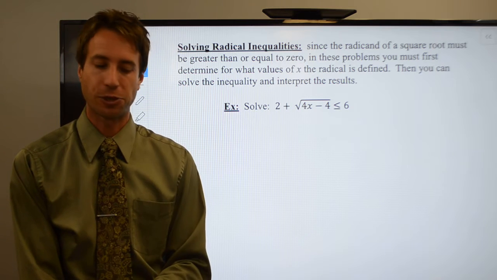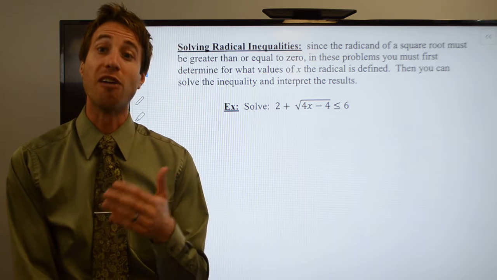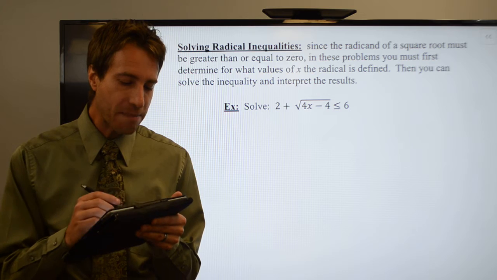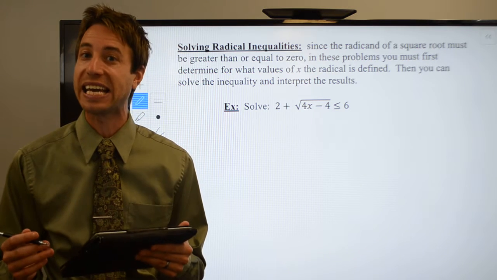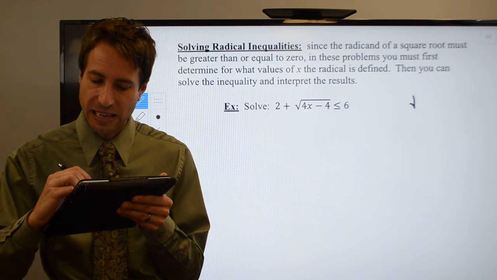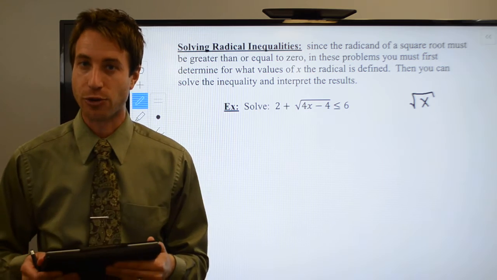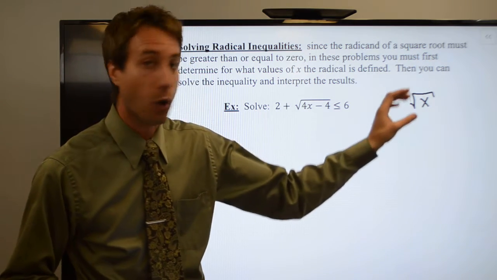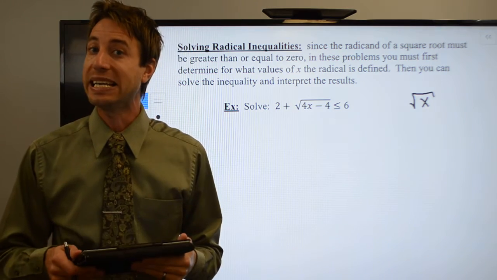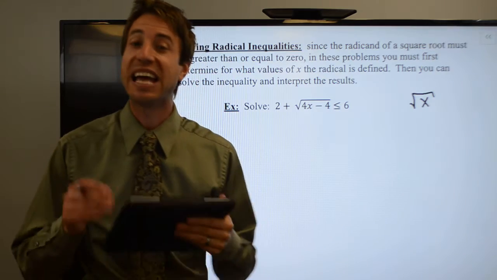First is this. Whenever you have a radical, we want to avoid imaginary solutions. What that means is we do not want negative numbers under the radical. So if you have a square root of something, I'll just put an x under there for now, to avoid this being imaginary, we need to make sure that everything under the radical is positive.